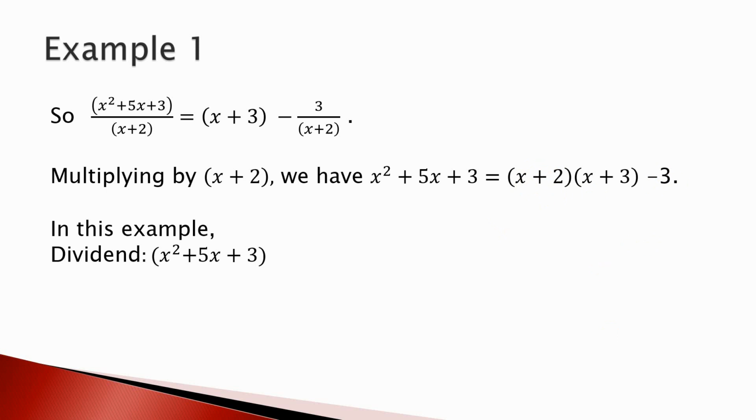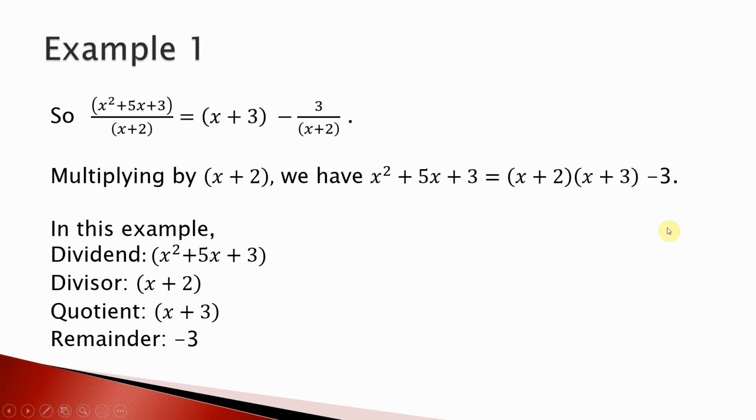So in this example, the dividend is this thing, the divisor is x plus 2, and the quotient is x plus 3, and the remainder is -3. The divisor is of degree 1, so the remainder will be at most of degree 1 minus 1, which is 0, a constant. A polynomial with degree 0 means it's a constant polynomial.